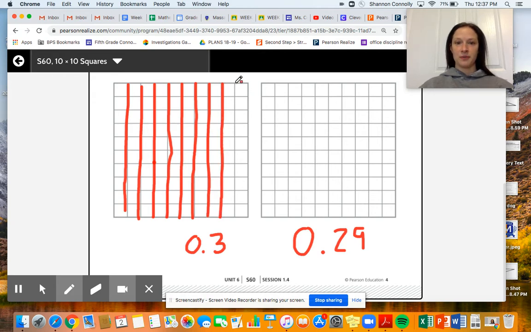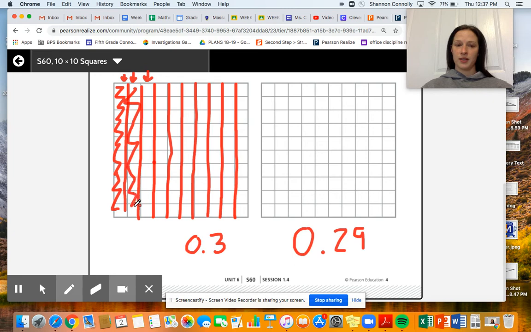All right, so tenths. Not too great at drawing on here. Each one of these is a tenth. I'm going to shade in 3 tenths. Now this is on a hundredths grid, so I want you thinking about how many hundredths that is. 1, 2, 3. I've shaded in these 3 tenths.